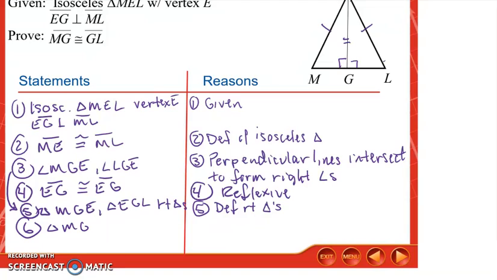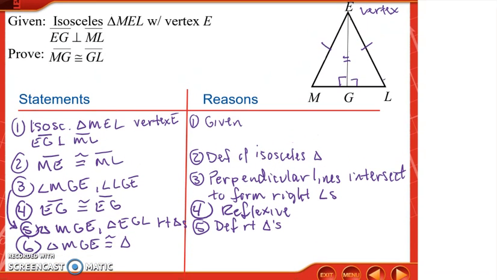Triangle MGE is congruent to triangle EGL. So L corresponds to M, G corresponds to G, and E corresponds to E. The reason for that is hypotenuse leg, because this is the hypotenuse, this is the leg.